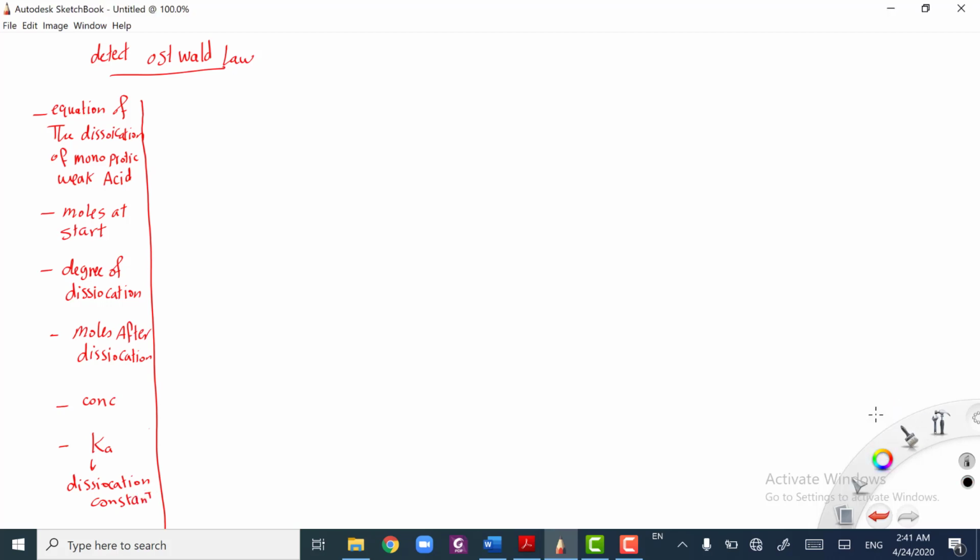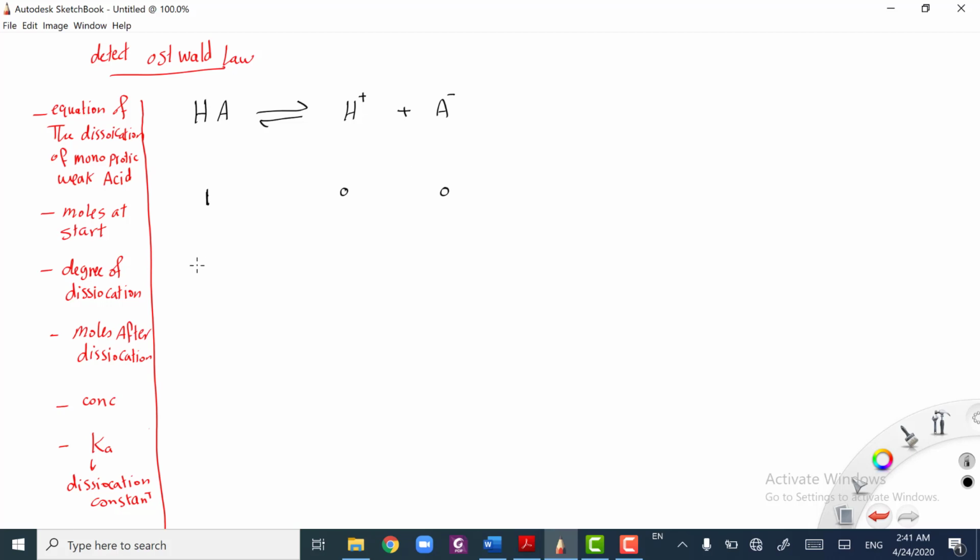Firstly, we said that it is a weak electrolyte. Ostwald law works on weak electrolytes. So let's start with a monoprotic weak electrolyte. Weak electrolyte means the reaction goes forward and backward, giving us H+ plus A-. The number of moles at the start of the reaction will be 1, 0, 0. There are no concentrations for the ions.